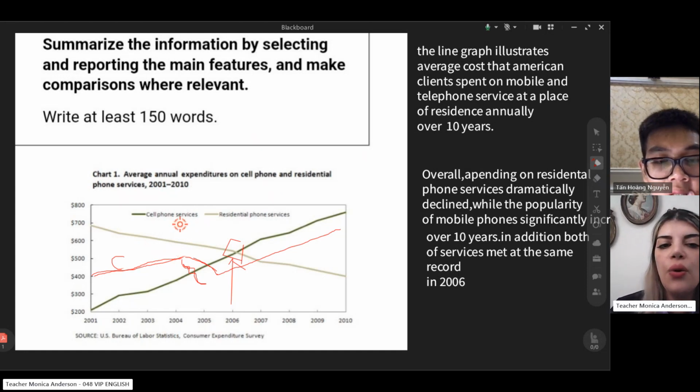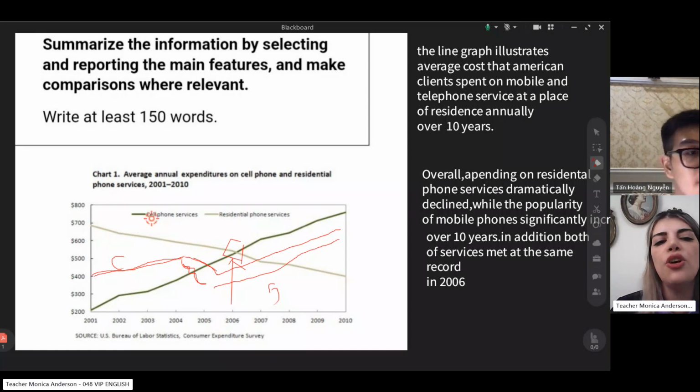And then we can say that this line, for example line C, has mildly or gently or dramatically increased from 2005 to 2010, or within 5 years.